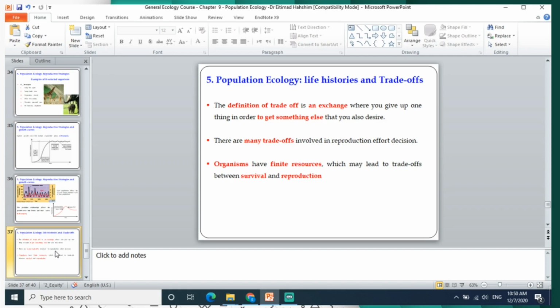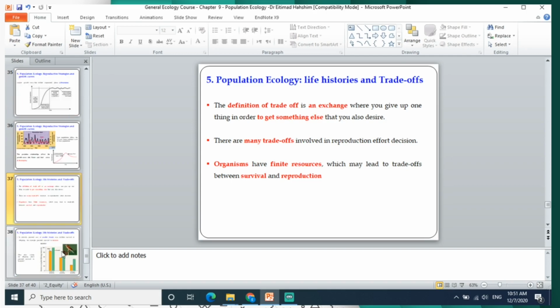That is why living organisms have trade-offs. If you reproduce a very small number of offspring, the offspring will have good education, good health care, good parental care, and they will live for a long time.